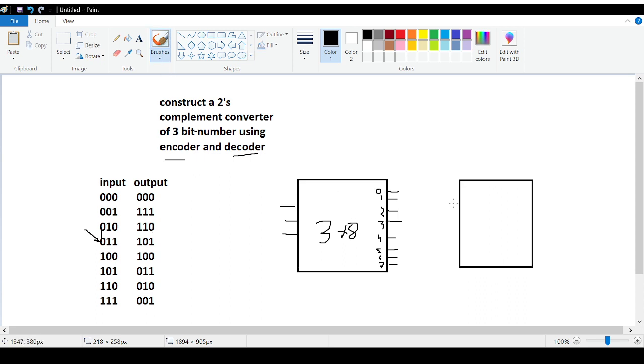If I have to draw the encoder, it's going to be an 8 to 3 encoder. This is an encoder and this is a decoder. This encoder has 8 inputs, that is 0, 1, 2, 3, 4, 5, 6, 7, and a 3-bit output.